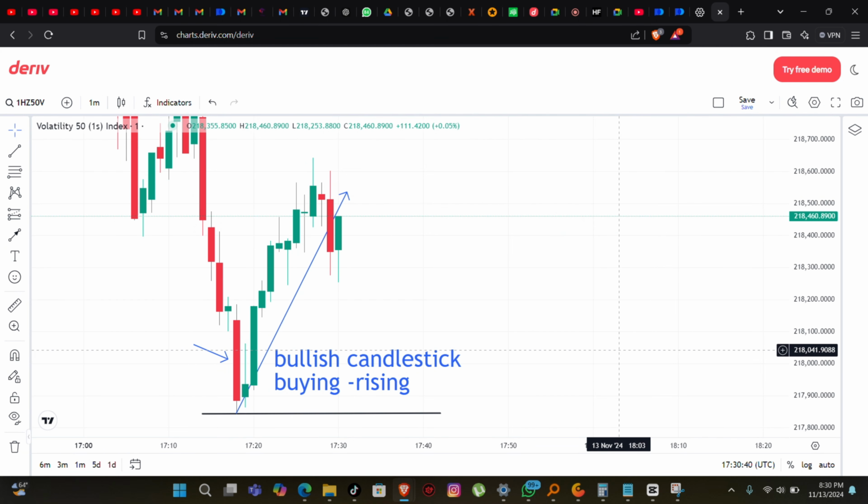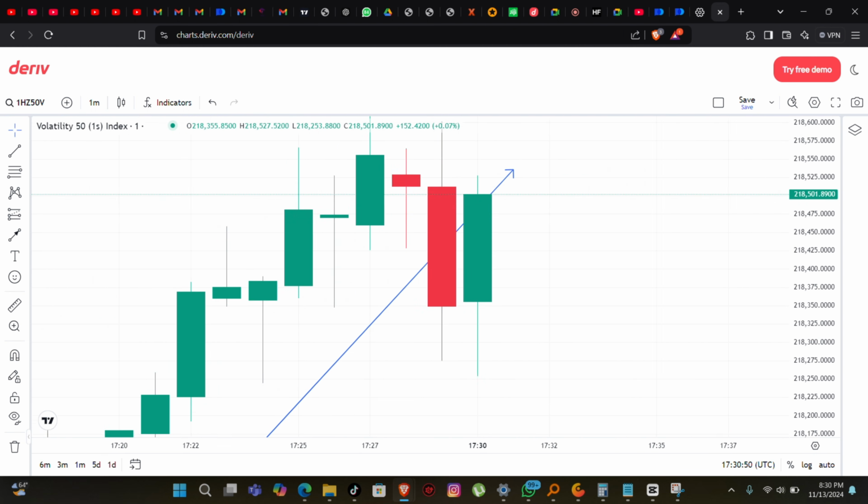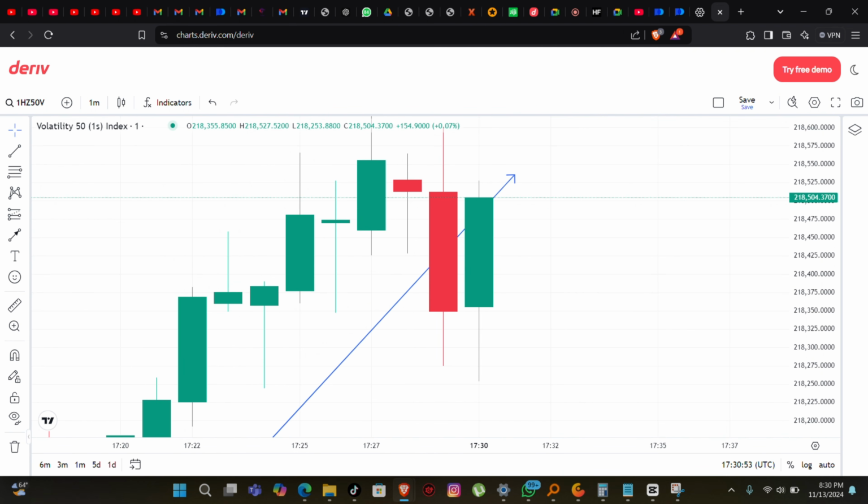So hii candlestick ilianza ikifika na 30 sharp, hapo ndio candlestick ilianza, so it started forming. So the candlestick is still forming even now. So I want you to follow and see at exactly 31 inaanza another candlestick that is going to run for 1 minute.